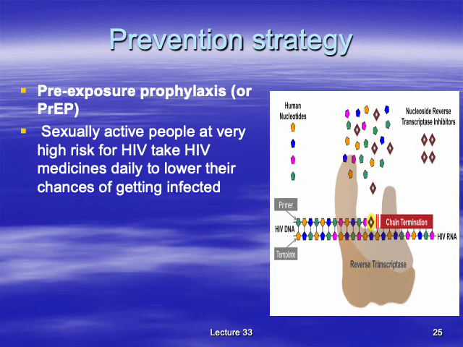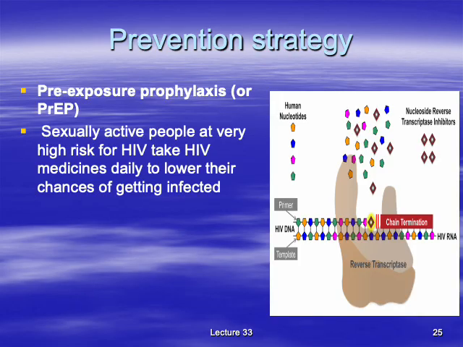For instance, sexually active people, let's say sex workers. Let's say someone who has a partner who is HIV positive, and they still want to have sexual relations with that person. It's kind of hard to expect someone to be chaste for 20 years, even if you're devoted to a person. They're given a drug to prevent the chance of being successfully infected by HIV.